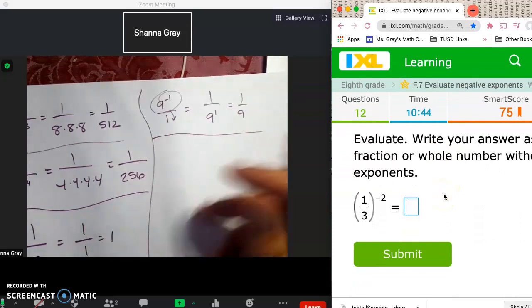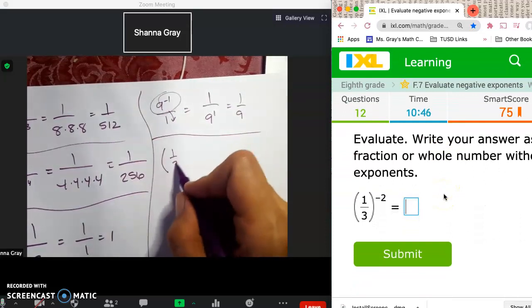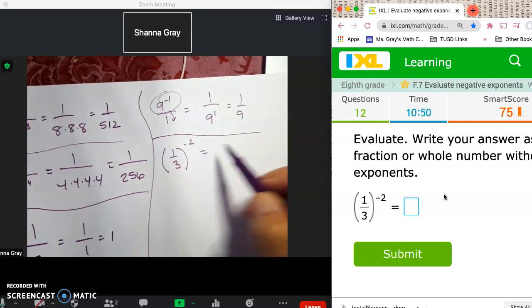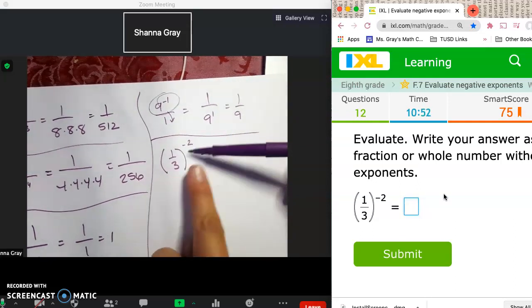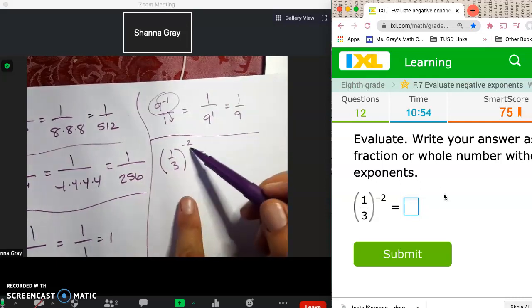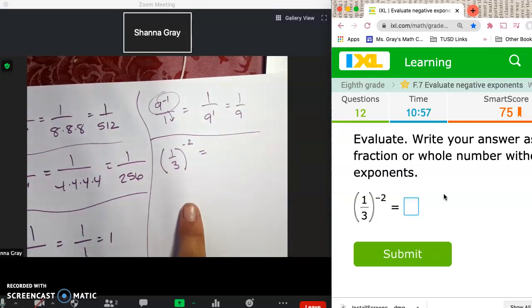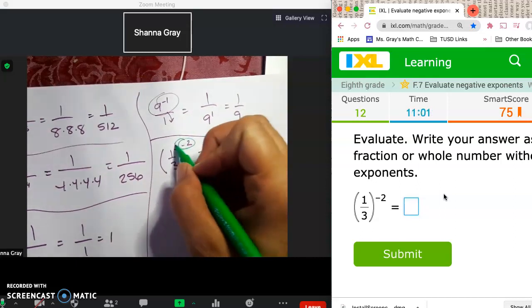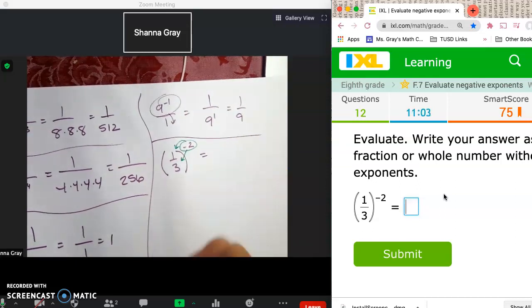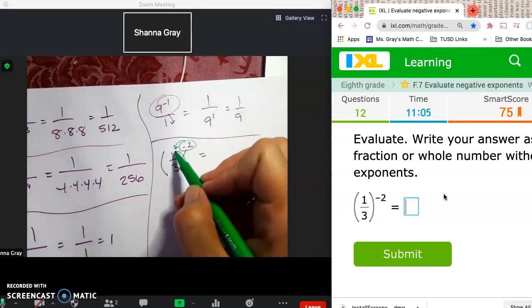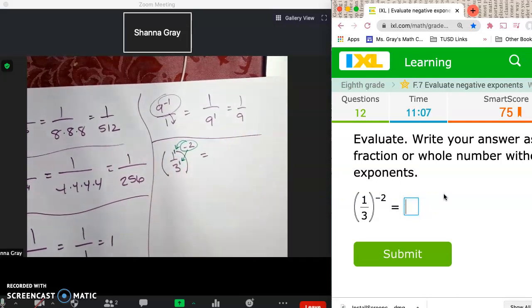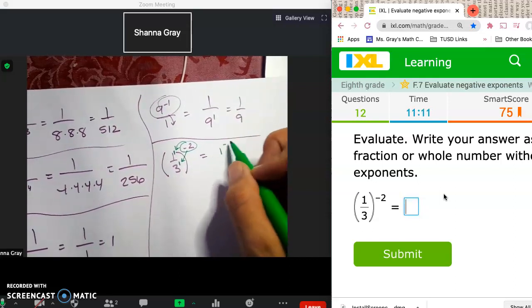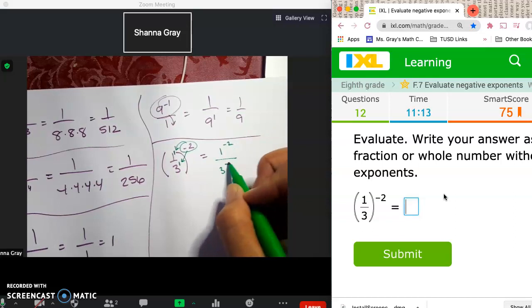All right, this is where things get a little tricky because we haven't talked about this yet. If you have a fraction raised to a power, then really this fraction is raised to the same power in the numerator and the denominator. Which, if you have a 1 here and a 1 here, because that's always invisibly what you have, then really this equals 1 to the negative 2 over 3 to the negative 2.